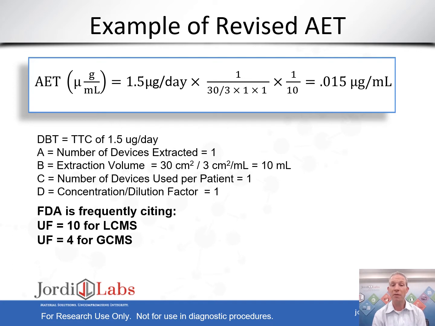And we have a number of devices per patient of 1 and a concentration dilution factor of 1. And we're going to apply the frequently cited UF of 10. And we'll find that when we do that, we get an AET of 15 parts per billion, or 0.015 micrograms per mil. This is in fact a very low concentration.